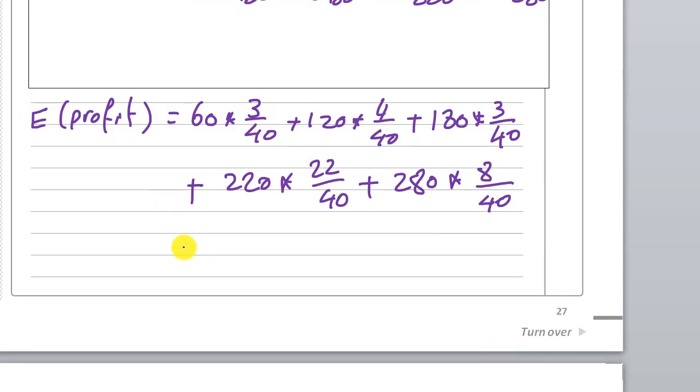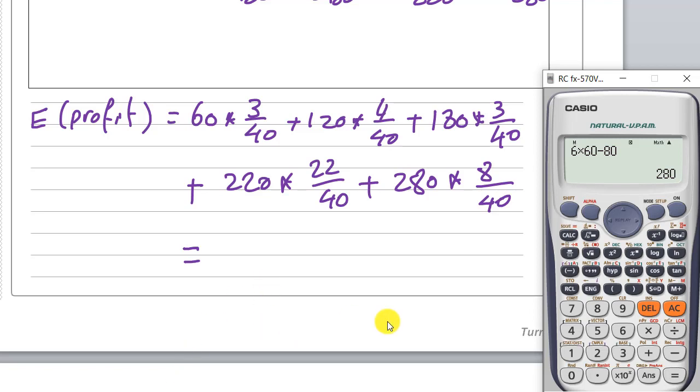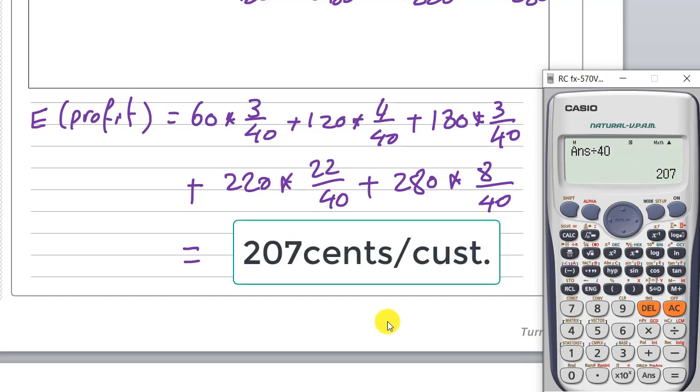So expected profit is equal to, let us find this value. So 60 multiplied by 3 plus 120 multiplied by 4 plus 180 multiplied by 3 plus 220 multiplied by 22 plus 280 multiplied by 8, divided by 40, 207.